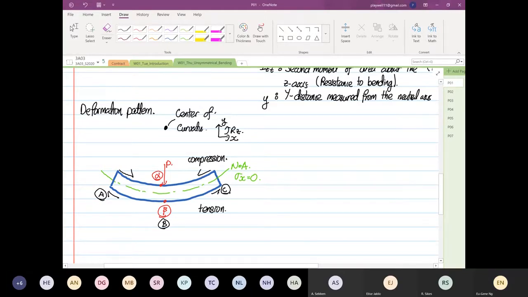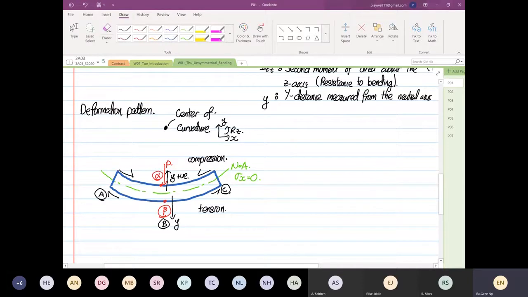So if that is the center of curvature, the distance over here in terms of y will always be positive, moving toward the center of curvature from the neutral axis. Away from the neutral axis, away from the center of curvature, y will be equal to negative.